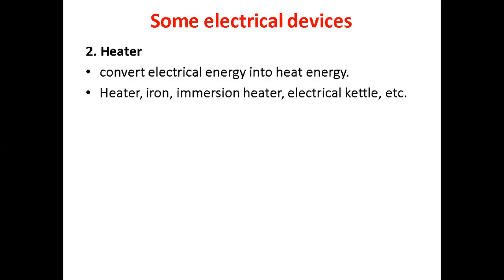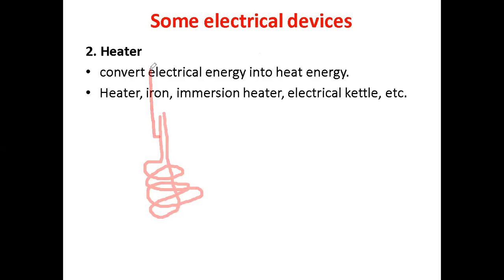Examples of heater devices are the heater, iron, and immersion heater. Immersion heater means there is one coil made of copper, a wire like this. This is the immersion heater.